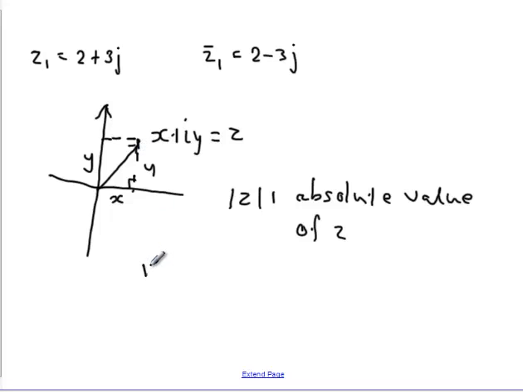So you can say r equals the absolute value of z, and everybody knows that using Pythagoras, this is the square root of x squared plus y squared. And that is a positive magnitude, greater than or equal to 0.